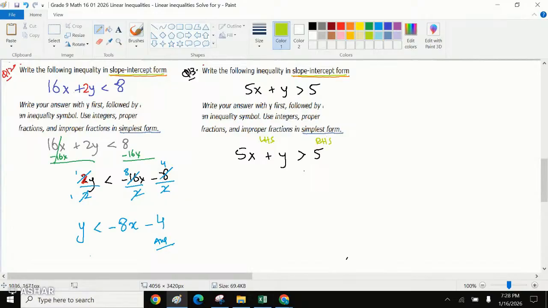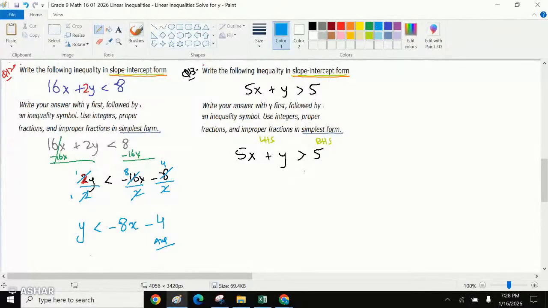In order to make the slope intercept form, what we have to do is we have to isolate the variable y. If the coefficient of y is 1, so we do not have to divide in the end, right? We just need to move the variables.